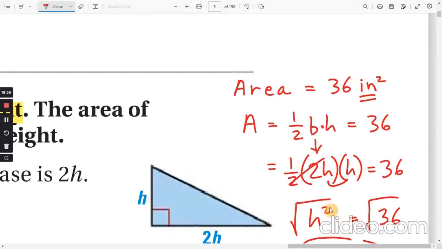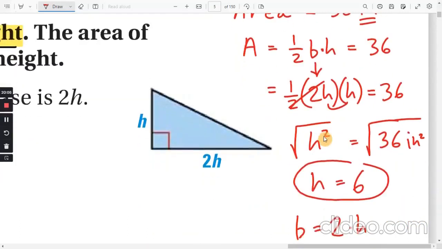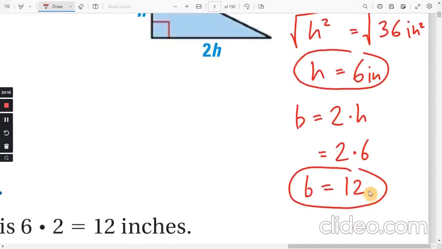So when we took the square root of both sides, really, I should have had the inches squared under the square root. Or you don't have to write it, but just make a mental note of it. And if you took the square root of inches squared, you would just have inches. So the height is 6 inches and the base is 12 inches.